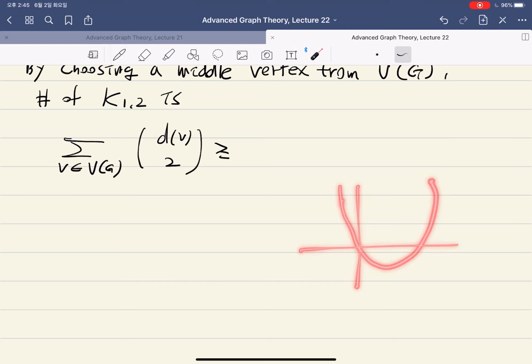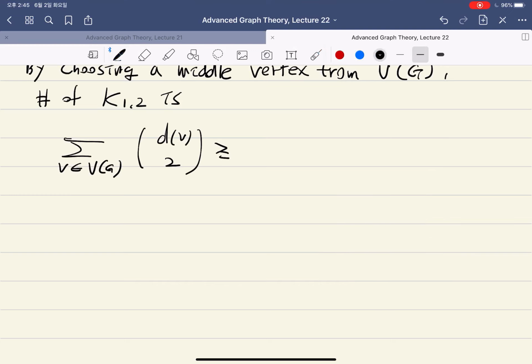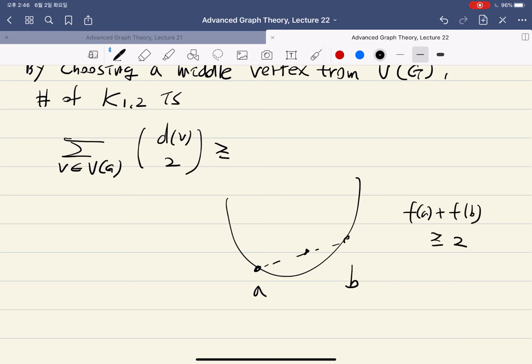And by convexity, what we know is that if we have a convex function and we have a and b, then f(a) plus f(b) is at least twice f((a+b)/2). So that's the definition of convexity. You can generalize this 2 into more numbers. So here you have n terms.